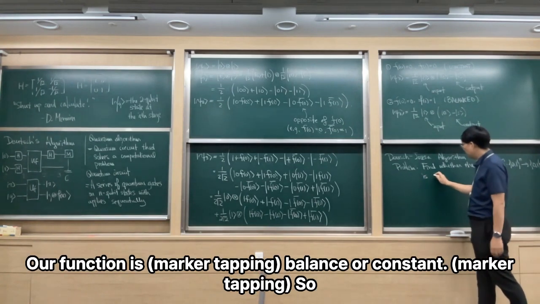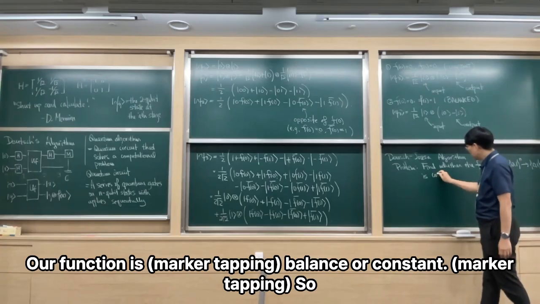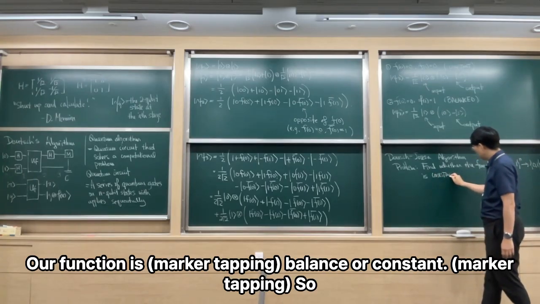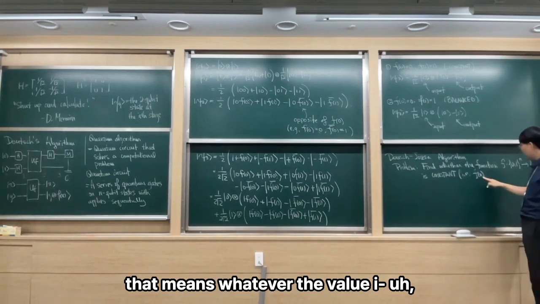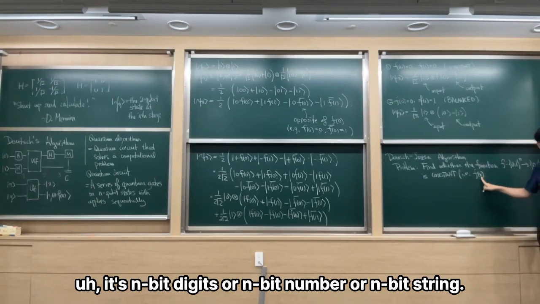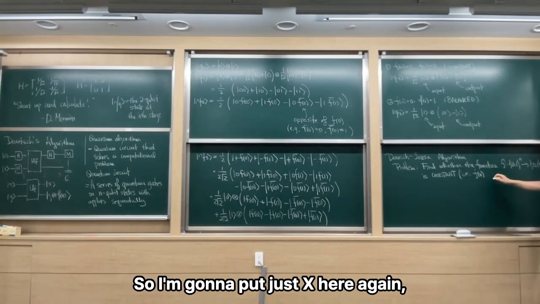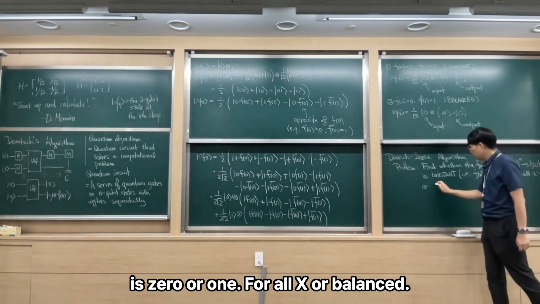The function is balanced or constant. That means whatever the input is, x now is not 0 and 1. It's n-bit digits or n-bit number or n-bit string. So the function is 0 or 1 for all x, or balanced.